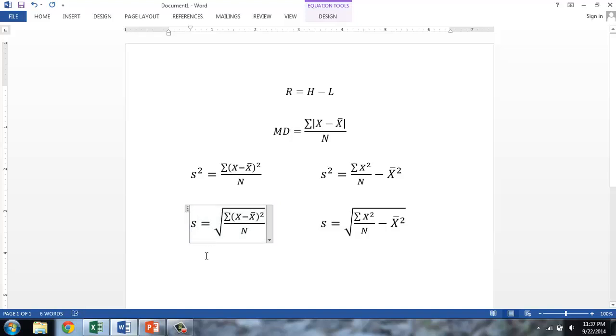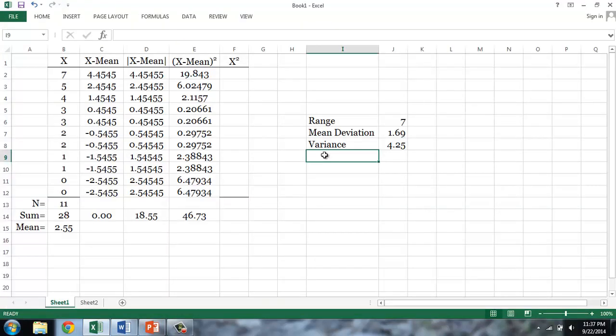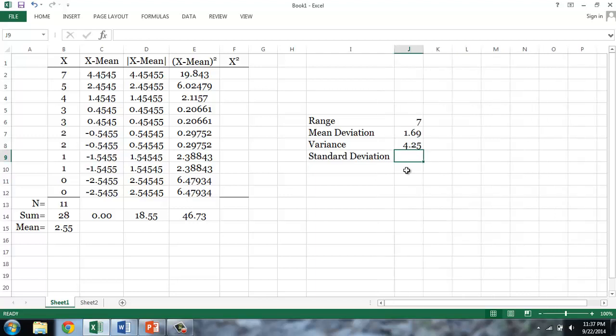The standard deviation is represented by the letter S. This is why variance is represented by S squared, because S is the square root of the variance. So once we've calculated variance, calculating the standard deviation is very simple. The standard deviation is simply the square root of the variance.